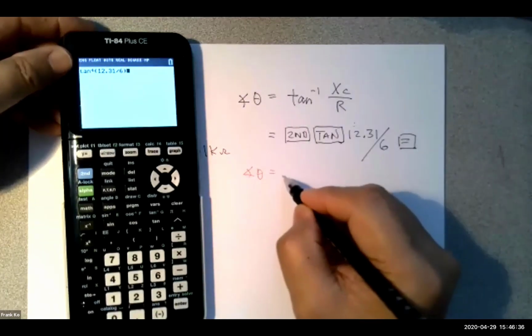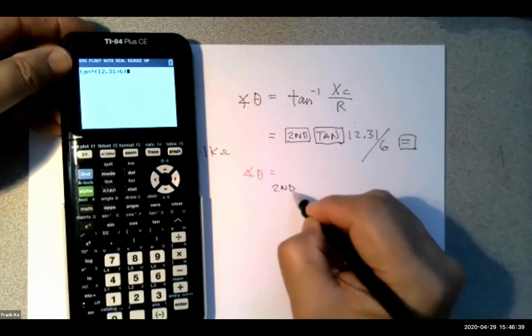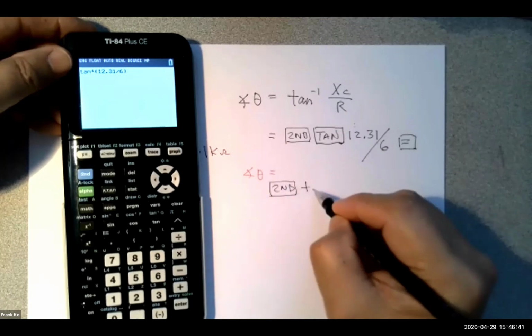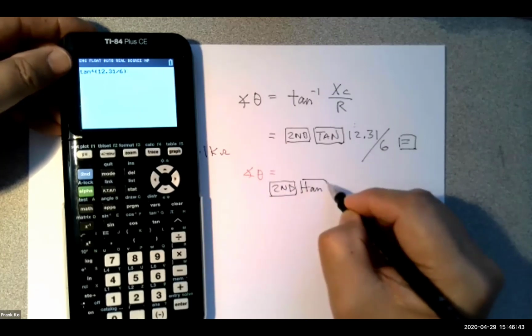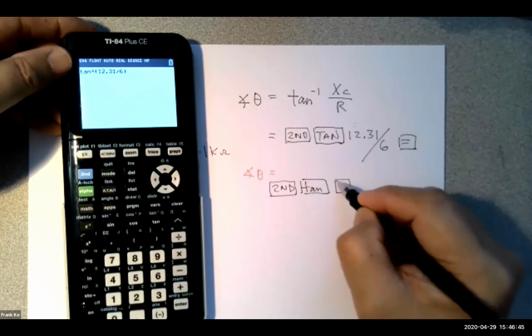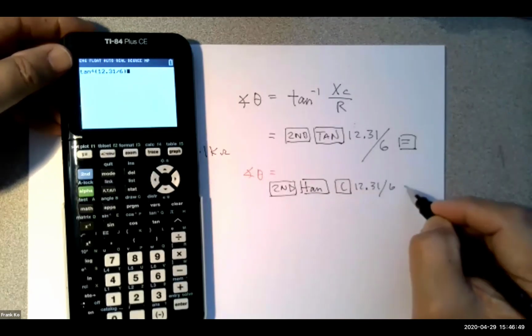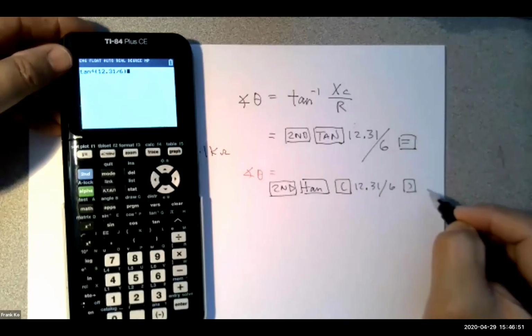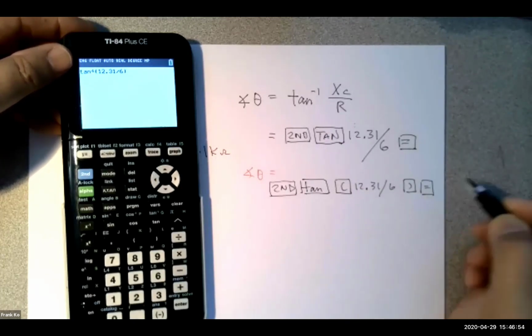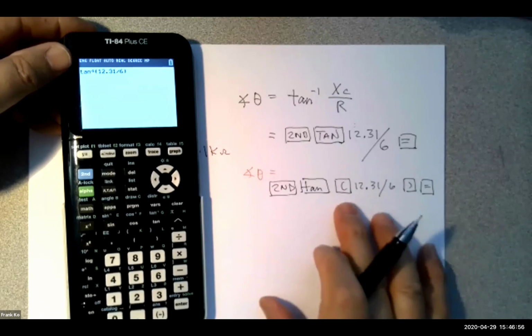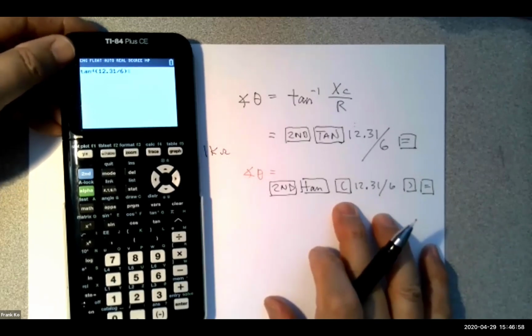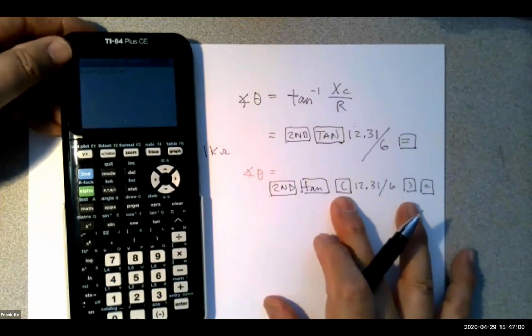This is equal to second tan, that'll give you the inverse tan function, and then hit open parentheses, 12.31 by 6, and then close parentheses, then hit equals. So in your calculators, you may have to insist on putting in the open and close parentheses.